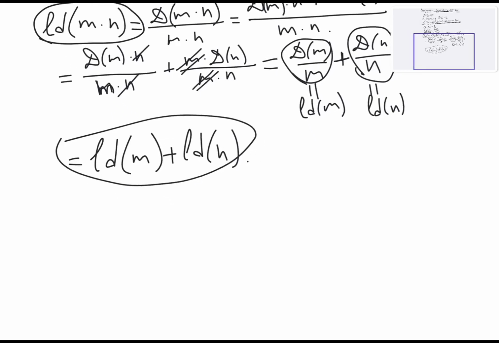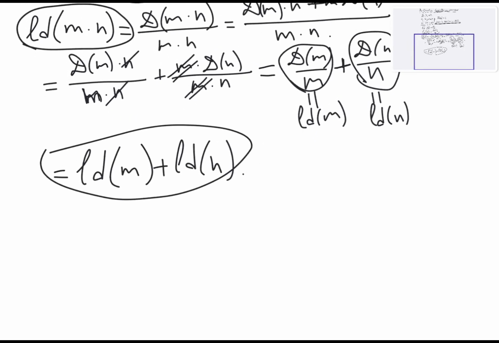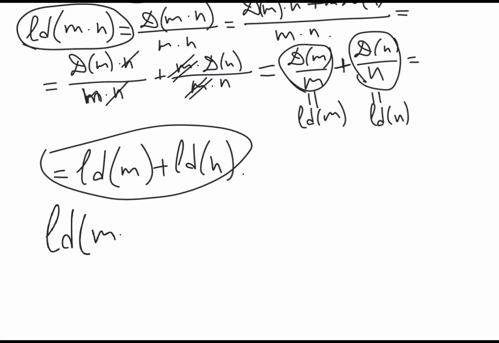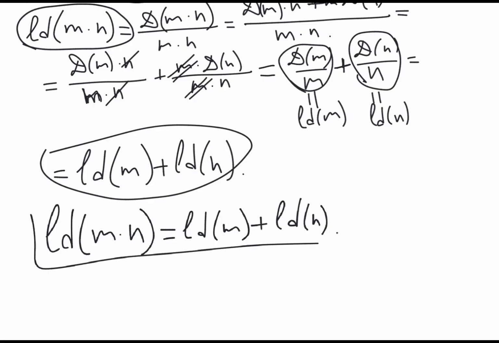So for convenience, let's rewrite this separately. The logarithmic derivative of the product is equal to the sum of logarithmic derivatives. So this is the formula, and it is actually similar to the property that we have for regular logarithms, right?